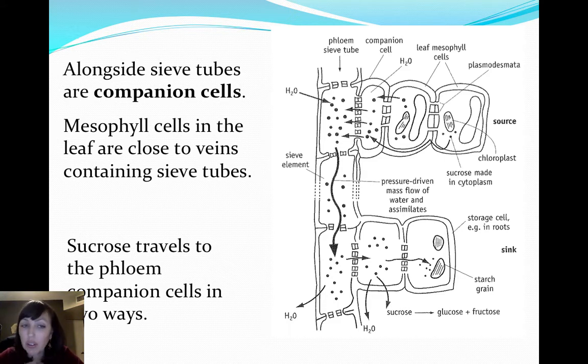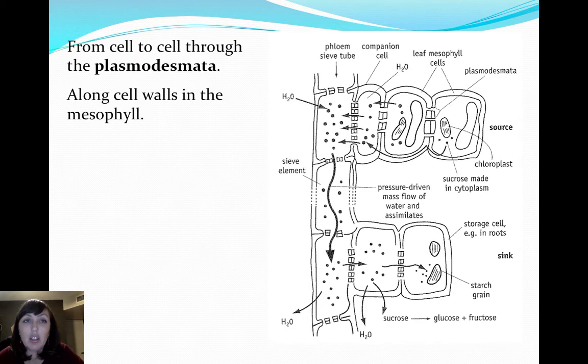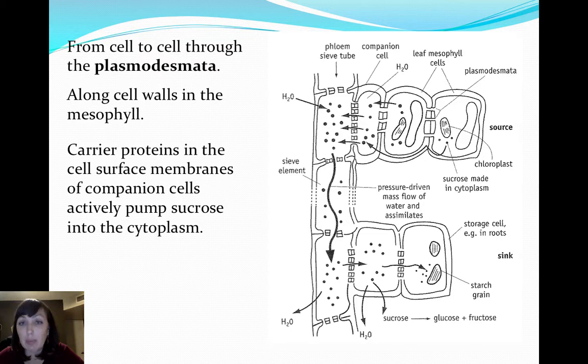So sucrose will travel to the phloem through companion cells in two ways. Okay, so they can go from cell to cell through the plasmodesmata, okay, along cell walls in the mesophyll. And then carrier proteins in the cell surface membranes of companion cells actively pump sucrose into the cytoplasm.